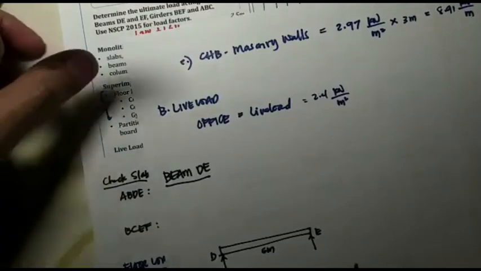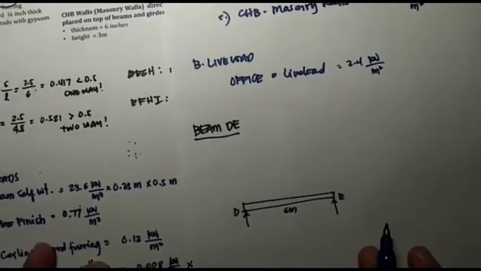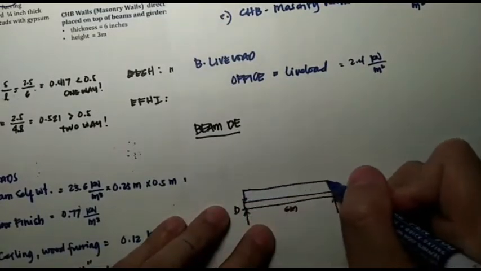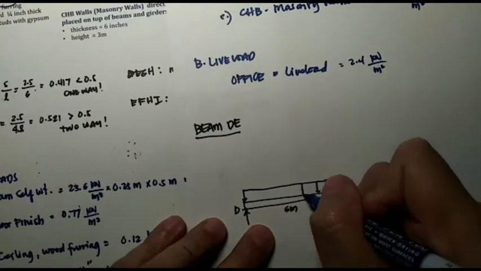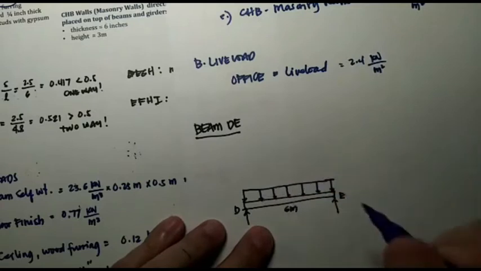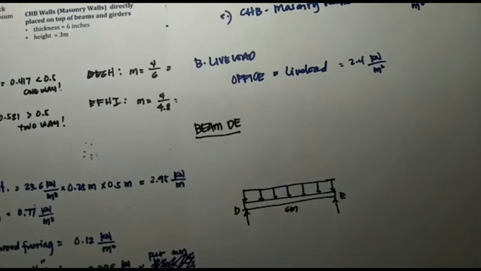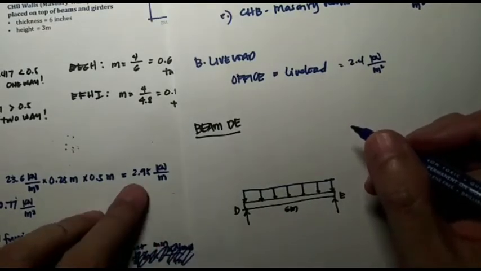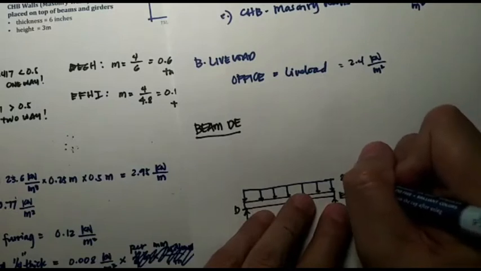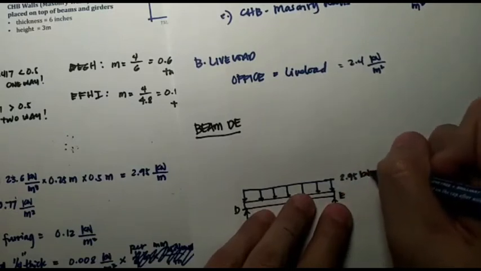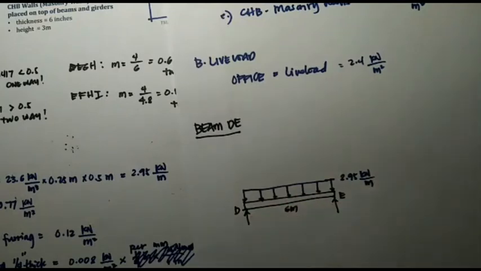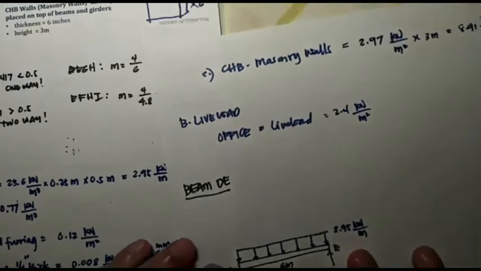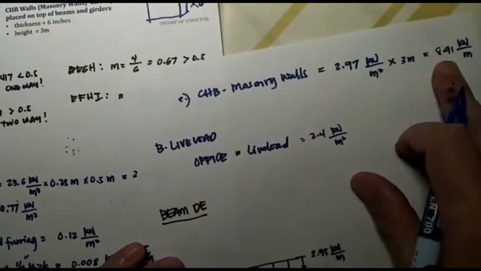So isa-isay natin. Una, I have the beam self-weight, which is 2.95 kilonewton per meter. Tapos, meron tayong CHB wall which is 8.91.